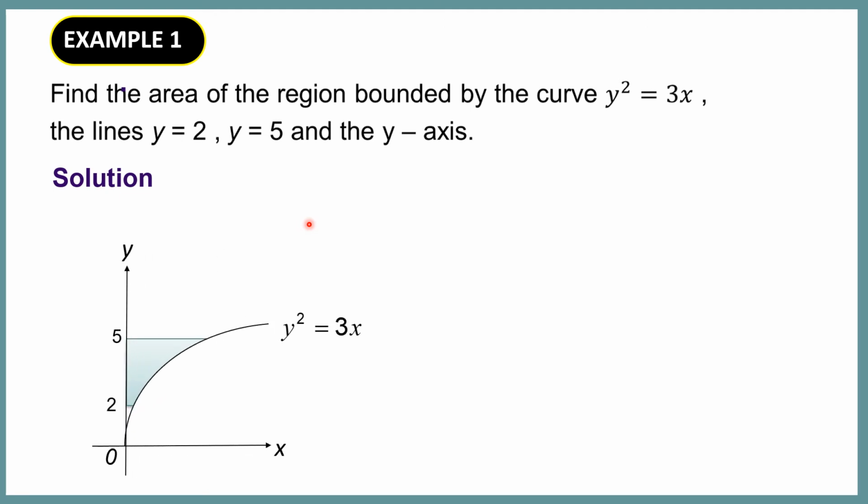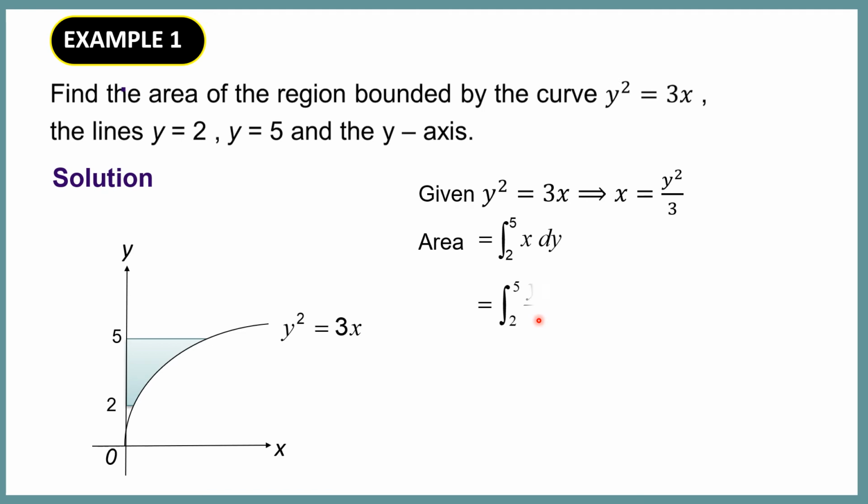Next, convert x in terms of y. So from y squared equals 3x, we have x equals y squared over 3. Thus, the area of the bounded region is the definite integral of x from y equals 2 to y equals 5.